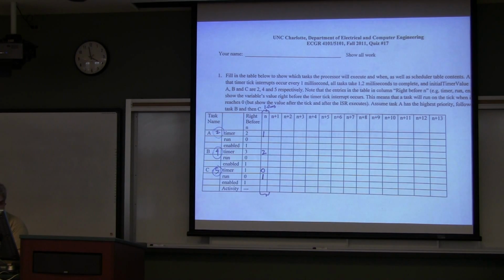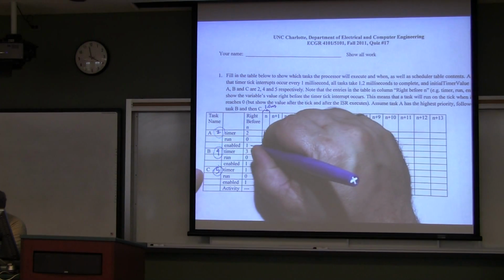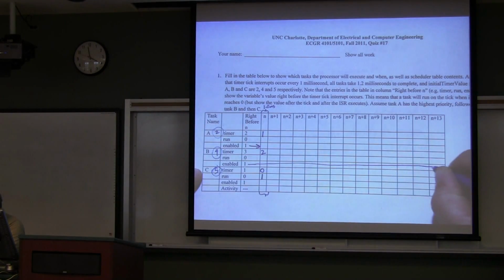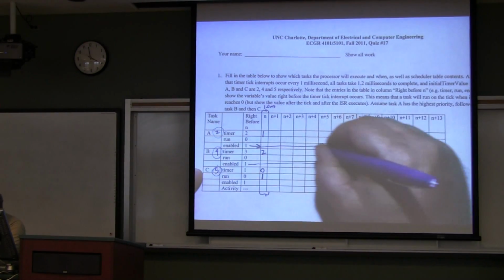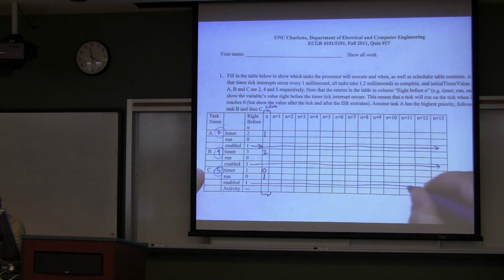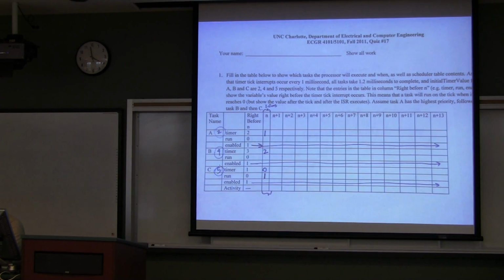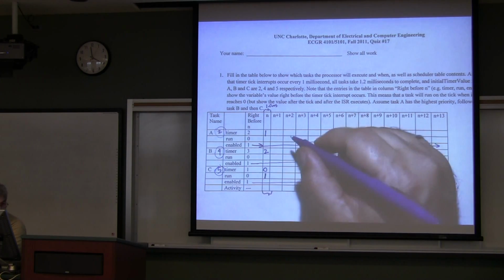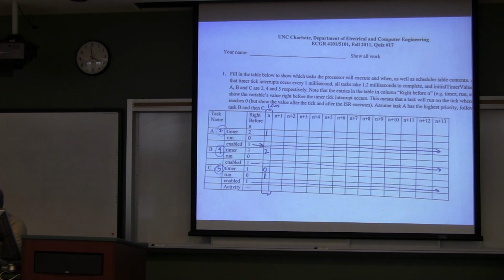By the way, everything else is going to be 0, so I'm not going to enter it in because it makes it a little bit messy. Also, assume enabled is going to be 1 all the way. We're just going to keep on running this. If in our round robin it counts down to 0, then we reset it to its original frequency.